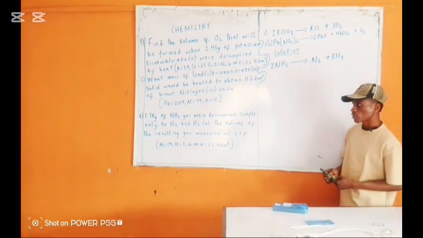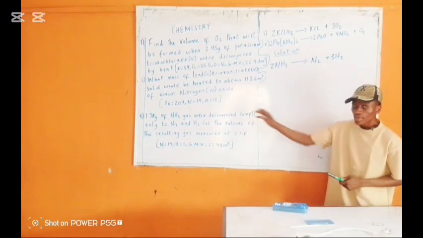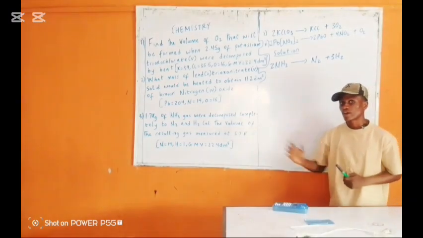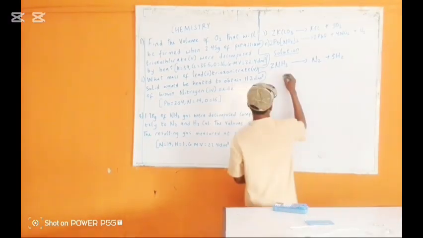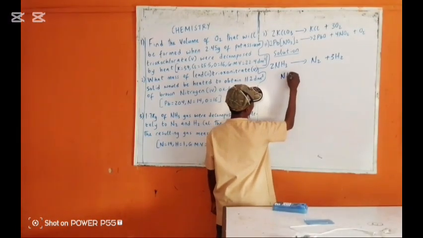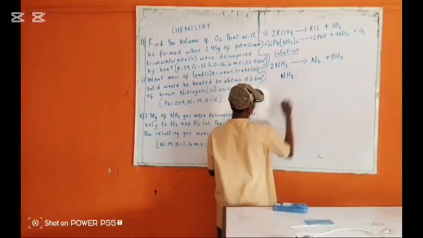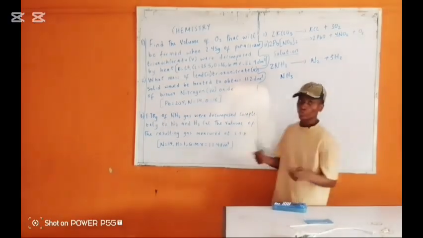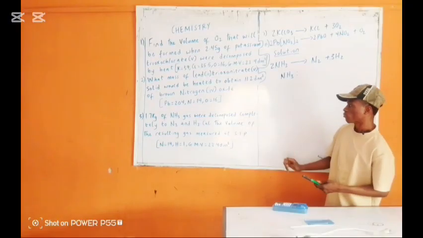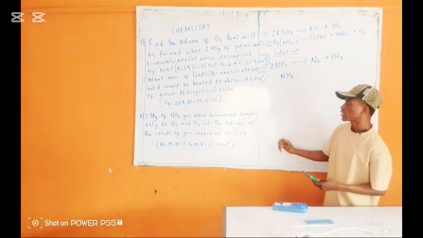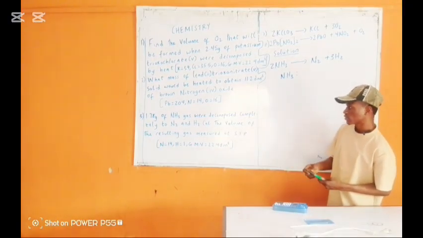Ammonia gas is the first one, so what's your unknown now? Calculate the volume of the resulting gas measured at STP.